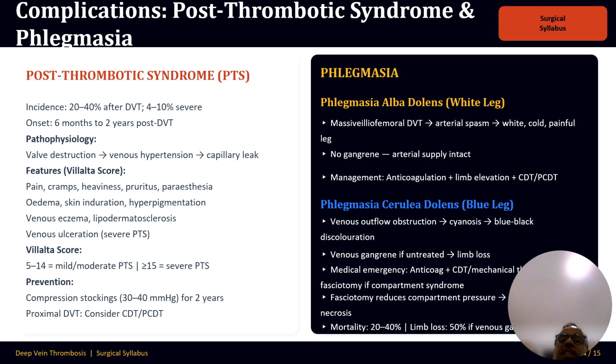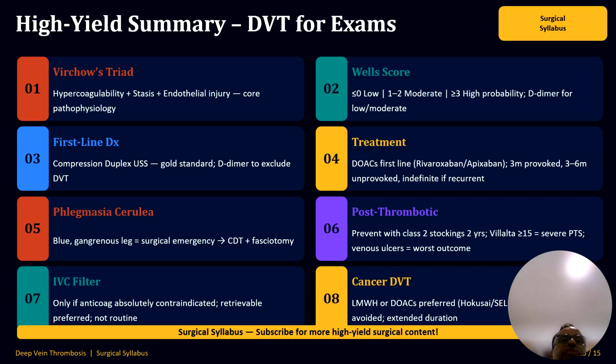So just for summarizing all this, what we have just discussed quickly: number one, Virchow's triad, hypercoagulability plus stasis plus endothelial injury is a core pathophysiology for development of DVT. Wells scoring system: less than 1, low; 1 to 2, moderate; and 3 or more, high probability of that patient having a DVT.